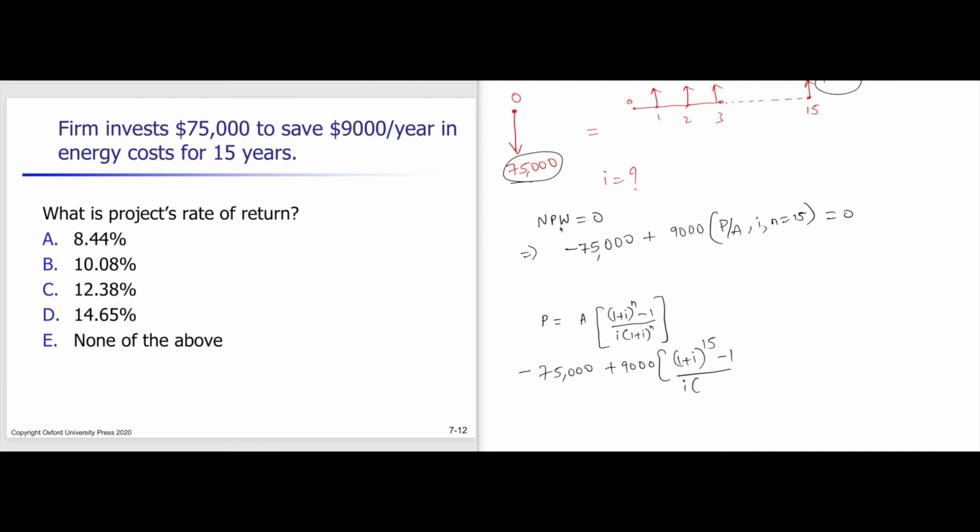Please take your calculators, solve this equation, and tell me how much I is. Supposedly we should get 8.44%.